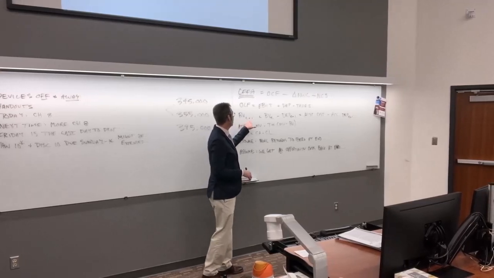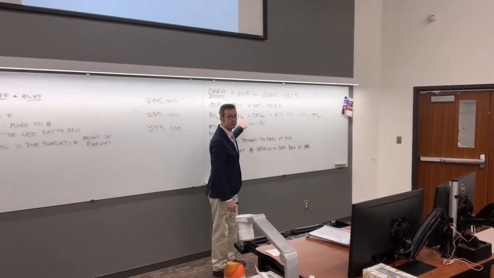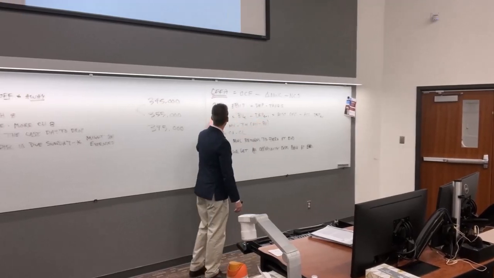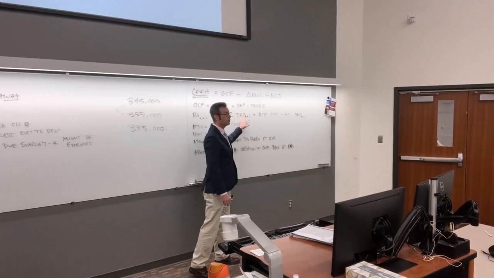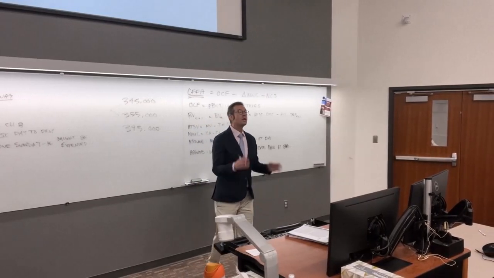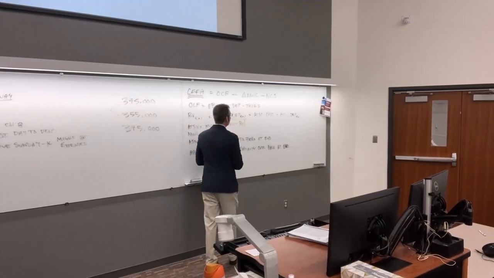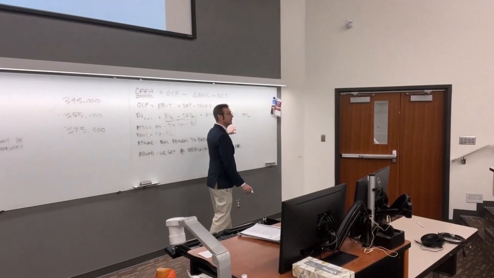The current book value is equal to the previous book value minus the current depreciation. That's the one I prefer to use. This is my favorite. You could also do it this way: historical cost minus accumulated depreciation.